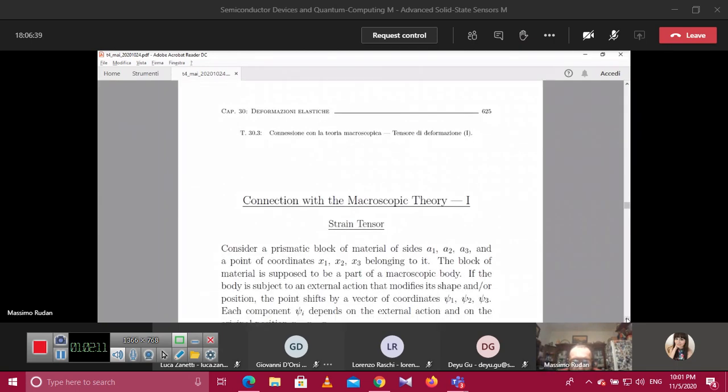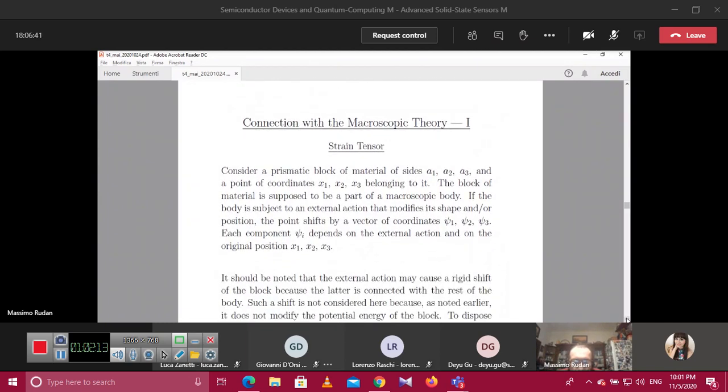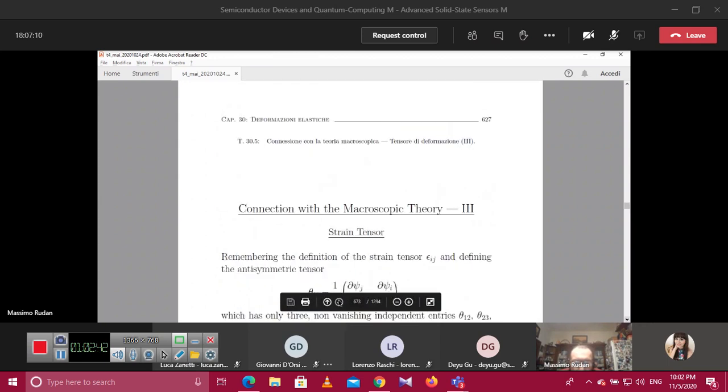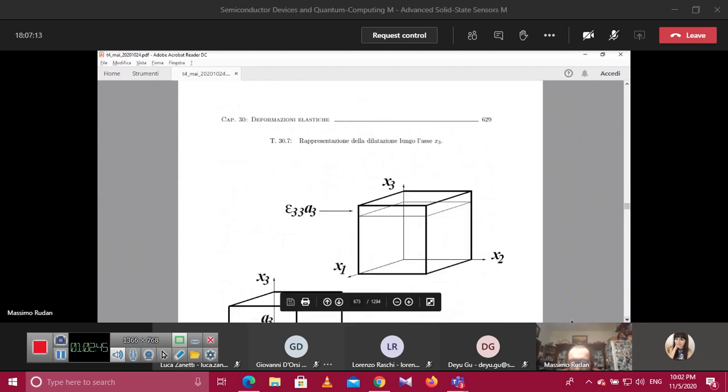Okay, so we now apply these relations to very simple situations in which we take a prismatic block of material in which the three sides are A1, A2, and A3. It is shown in a figure here, okay?